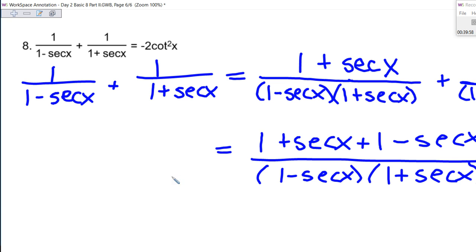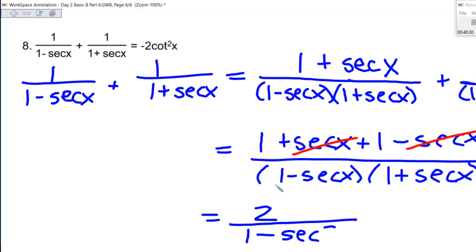Yeah, 1 plus 1 will give me 2. And what happens with the secant? Yeah, positive secant x, negative secant x, there's a zero pair. They go away. So that gives me 2 over, I'll go ahead and multiply these. So when I multiply those, I would get what? 1 minus secant squared of x.